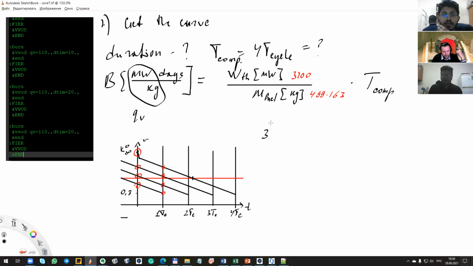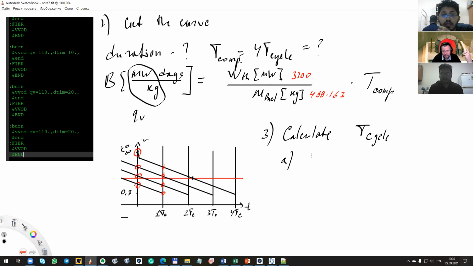The third step: calculate the time of cycle. So how to get the time of cycle? You will get this curve, and you need to first choose the time of cycle.